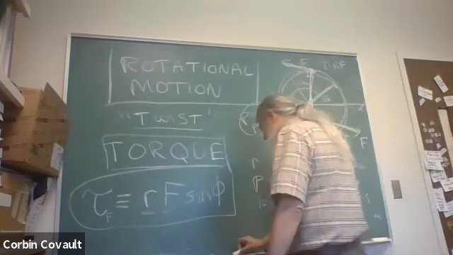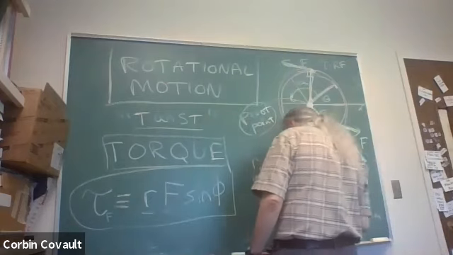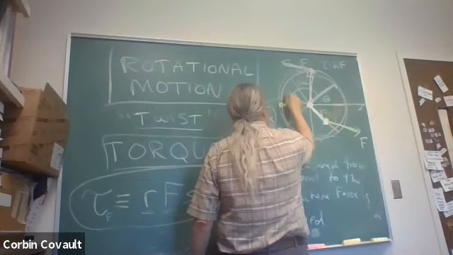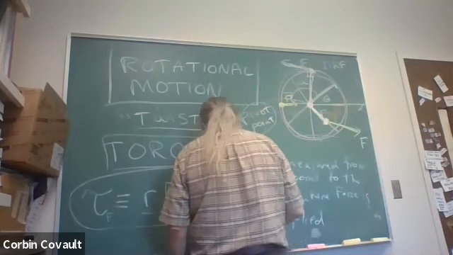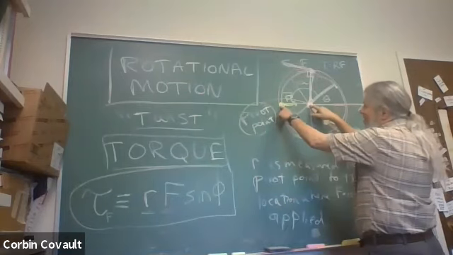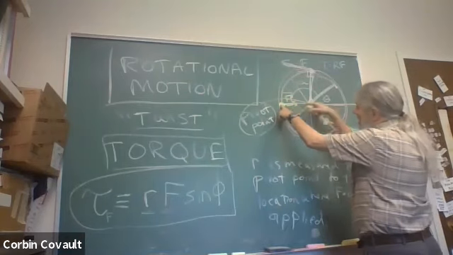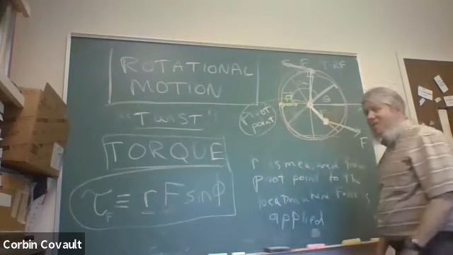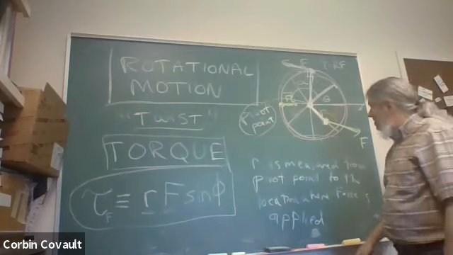In contrast, say I come in and I apply a force right here, and I apply it this way. Well, the torque due to that force, R is that distance here, and F is that, but the sine of the angle between that vector and that vector is sine of 0, so there's no torque here. Zero torque for this one.